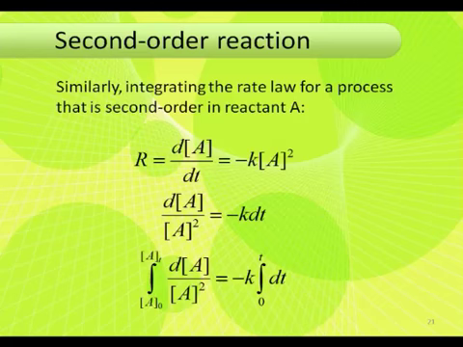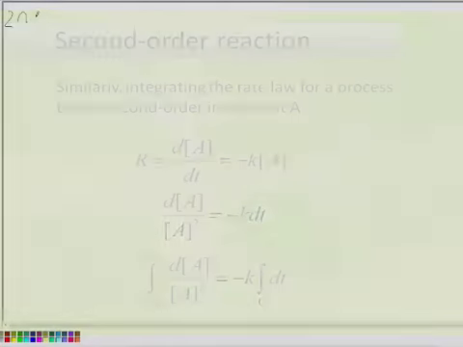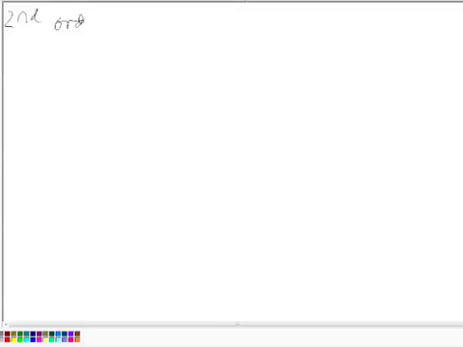Now, again, second order is very similar. For example, we have A plus B, reactant A reacting with reactant B, producing a product.